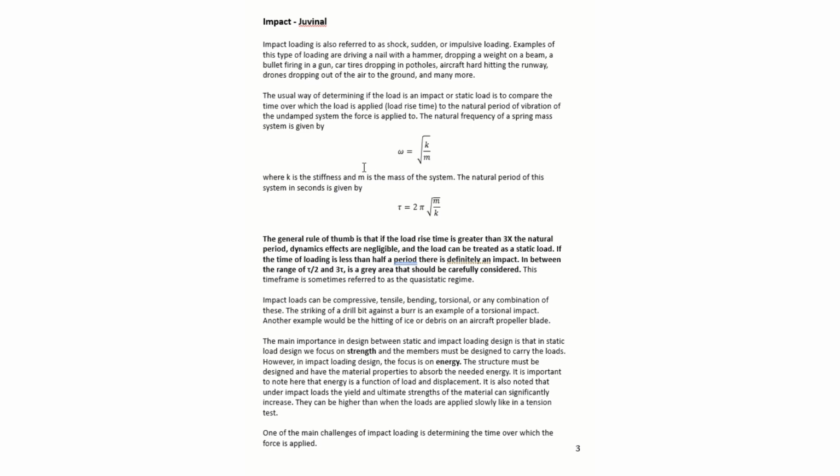And if we want to know the time for one period, or the time it takes for one cycle at the natural frequency, that's given by 2 pi times the square root of m over k. And this then has units of seconds. And so this would be the amount of time for the system to make one full cycle of vibration at its natural frequency.